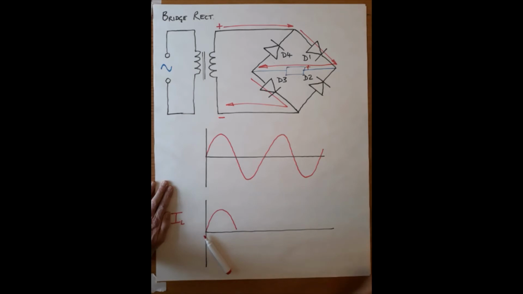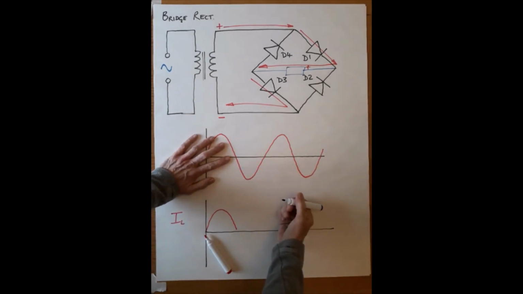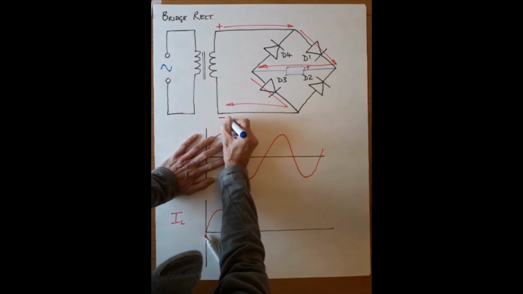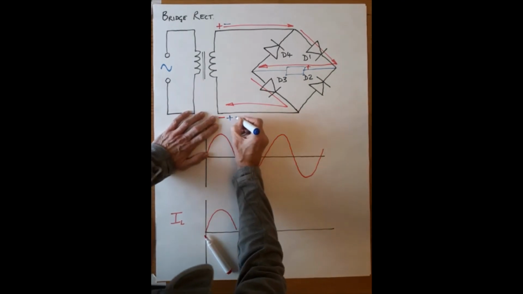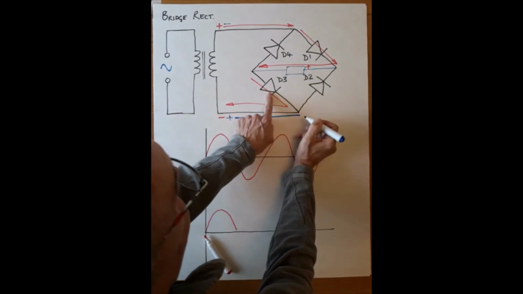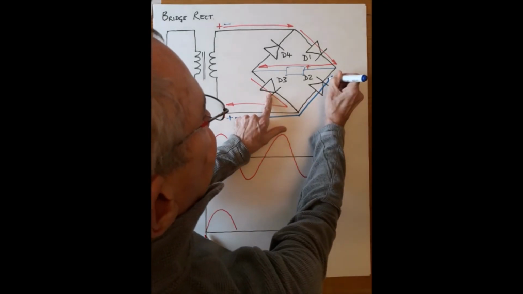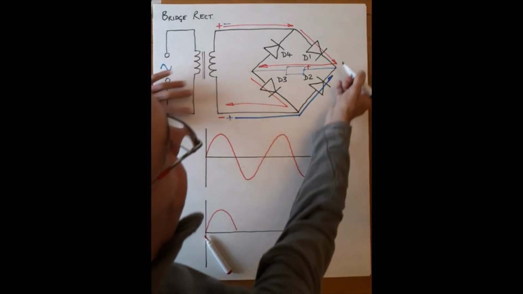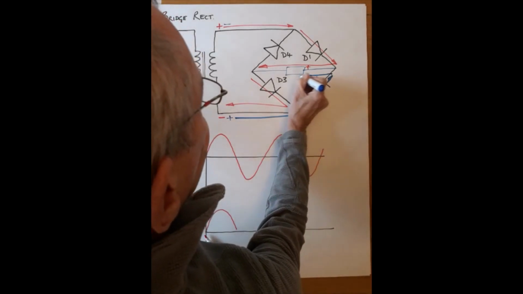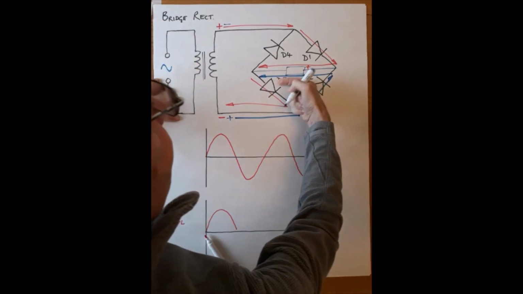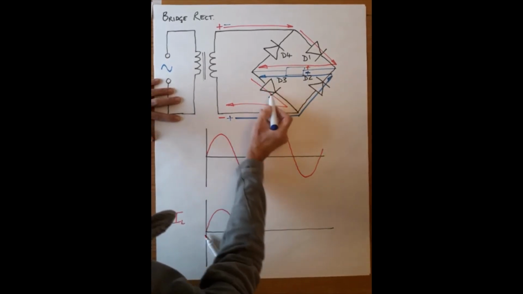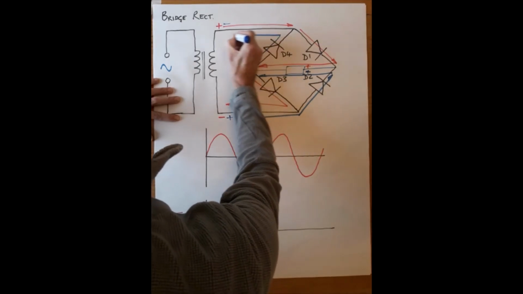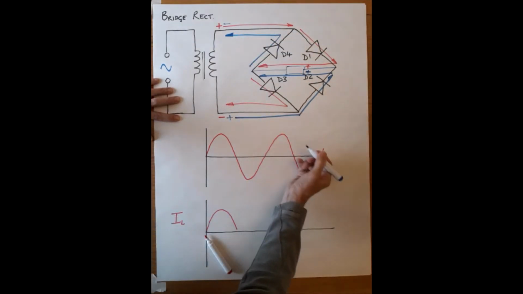If we then consider the next half cycle, the negative half cycle, the polarity has changed. This is positive and this is negative. The current will flow from here, that is blocking. It will go through this one. That is blocking, so the current will go this way through the load. So it's the same direction as the first half cycle. This end is positive. The current won't go down here, it'll go up through D4 and back over here.